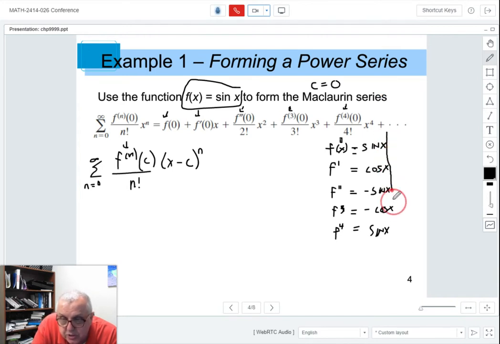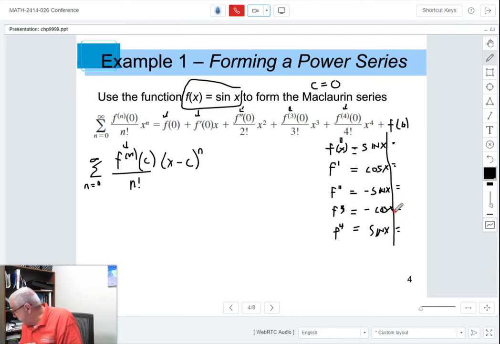What happens to all of these when I plug 0 into x? Let's find out. If you look at it, the sine of 0 is 0. The cosine of 0 is 1.